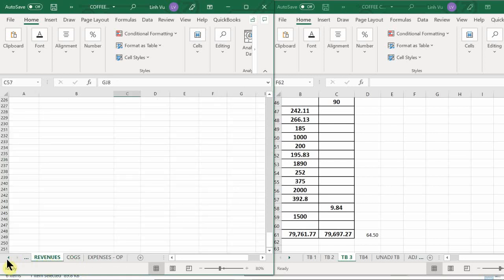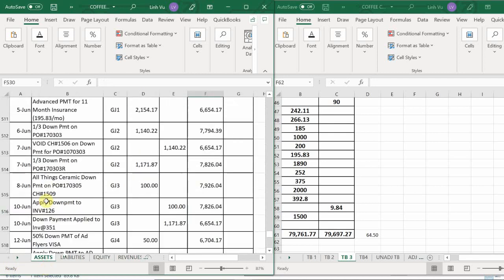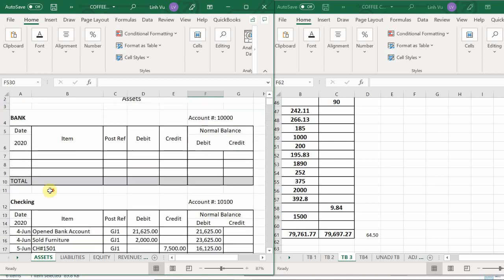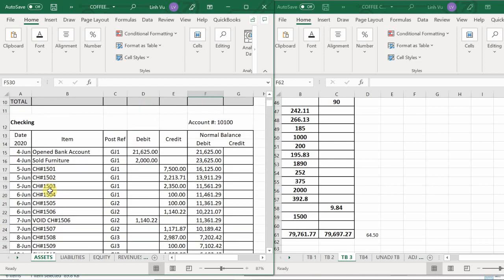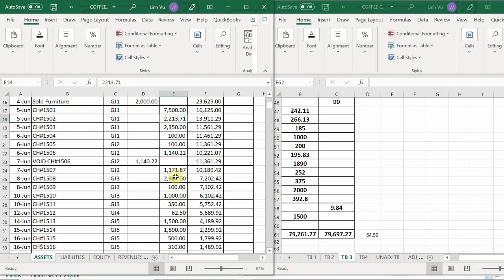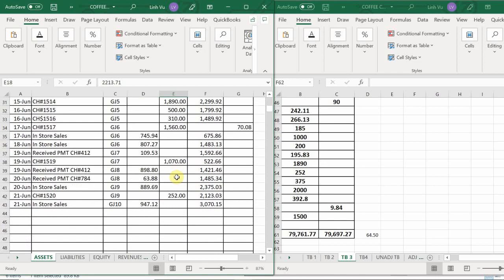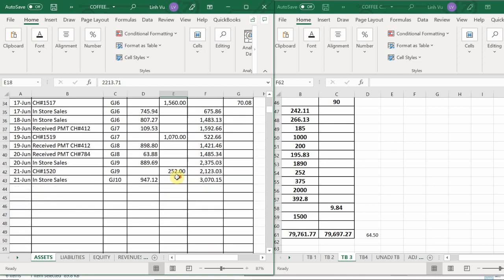Okay, so let's go ahead and check our assets real quick. Okay, so we wrote here, let's see. Let's check the checking, because the checking is where we're supposed to take the 64.50 out from. Okay, so how many times did we receive coffee? We received coffee twice, right?